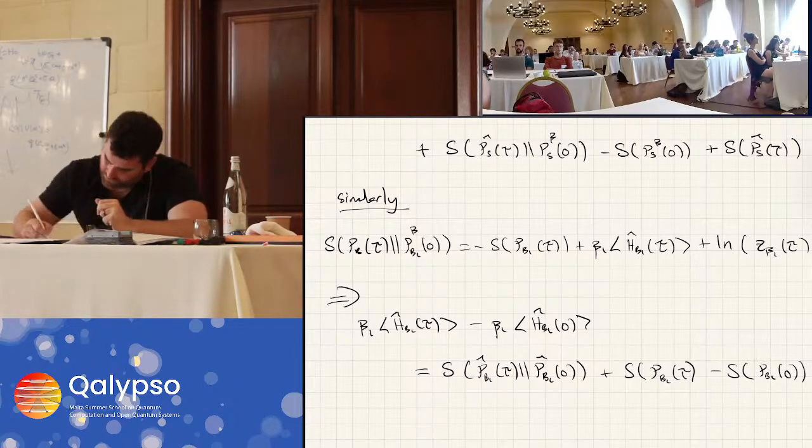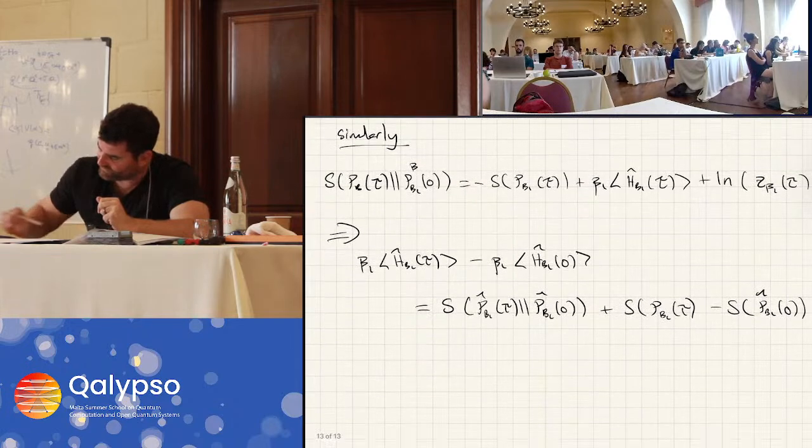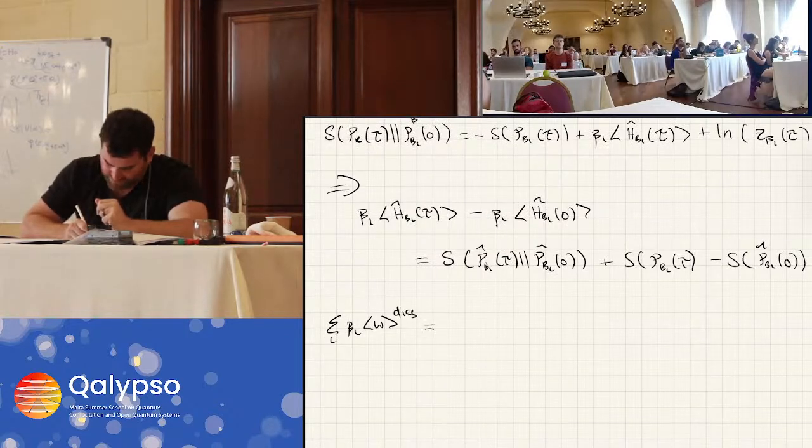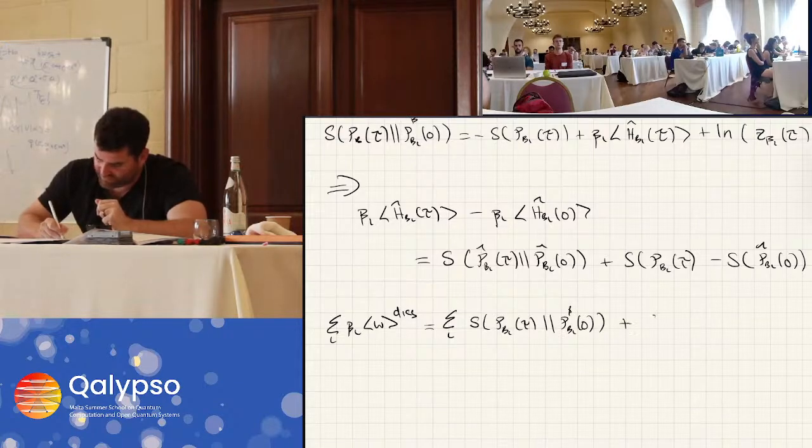Now we're going to write down an expression for the dissipative work. The sum over L of beta_L W_diss, using the above, is the sum over L of the relative entropy of rho_beta_L(tau) with rho_beta_L(0), these are thermal equilibrium states, plus the relative entropy of rho_S(tau) with rho_S(beta_0).